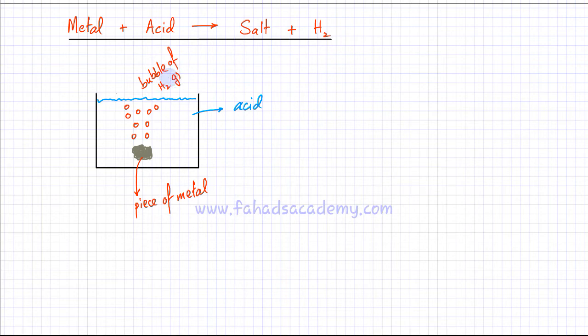These bubbles would be very noticeable, and this piece of metal would slowly dissolve in the acid. Over time, all the metal would end up forming this salt, as long as the acid is in excess. So the salt would be produced, and you would notice bubbles of hydrogen gas being formed.